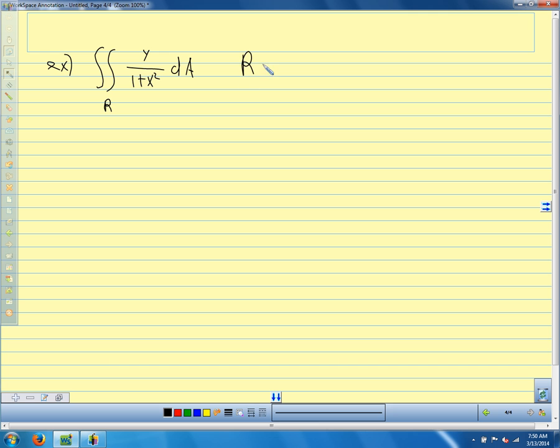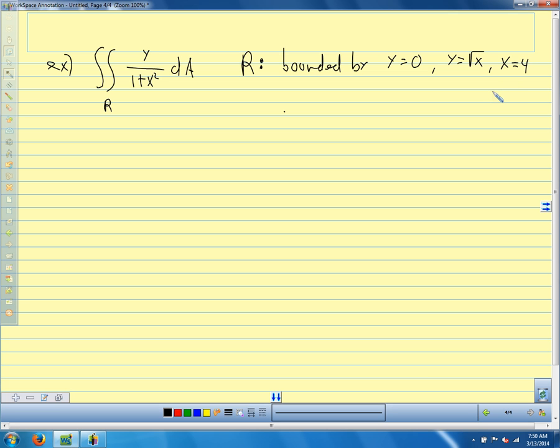And R is our region in the xy plane bounded by y equals 0 and y equals square root of x and x equals 4. So it's asking us to evaluate this double integral, and this is our region in the xy plane. So we're finding the volume. What we're doing here is finding the volume under this surface bounded by this region in the xy plane.